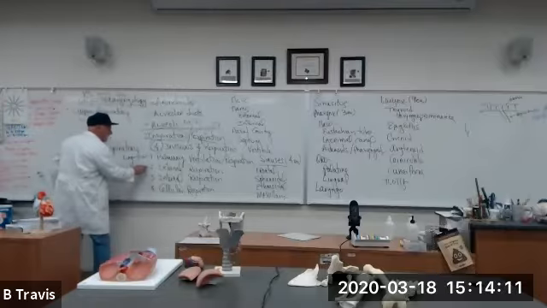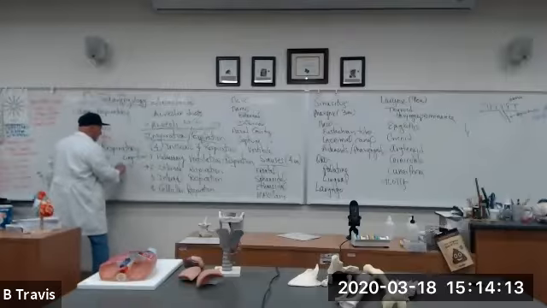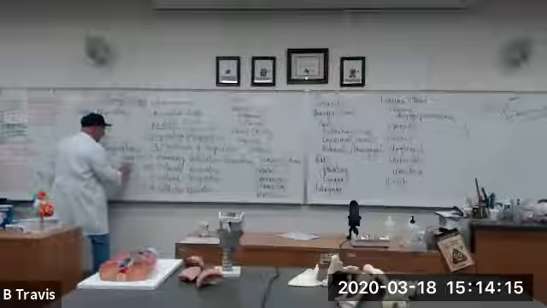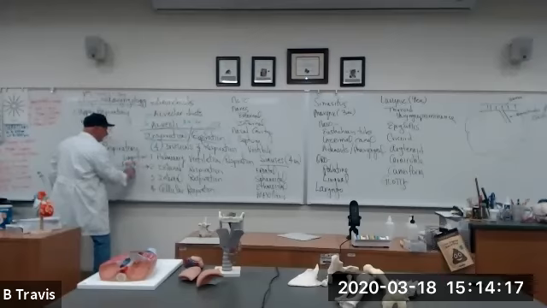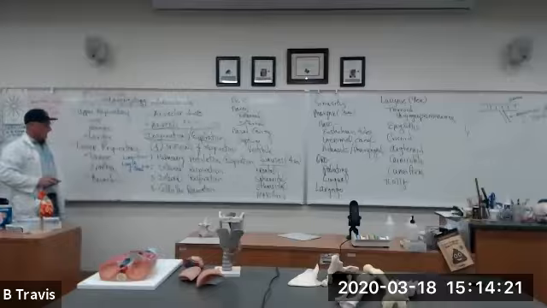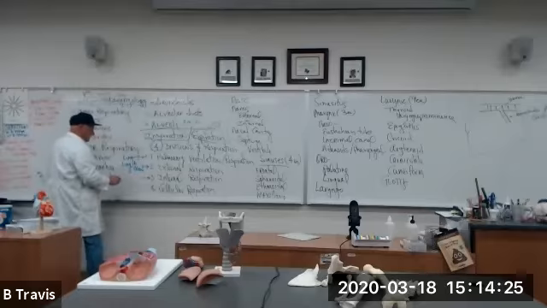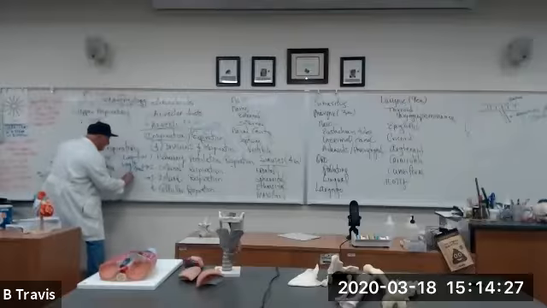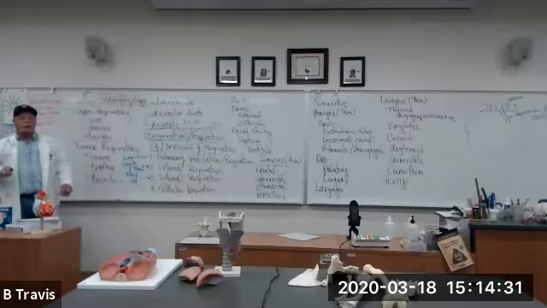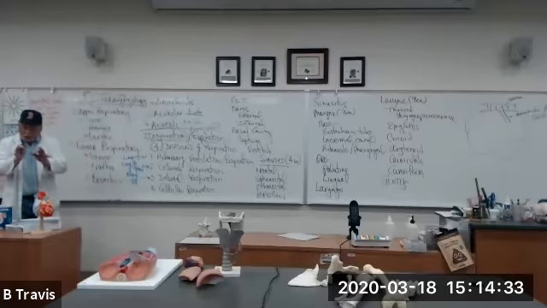Second, external respiration. This is from the lungs to blood, going into the capillaries. Third, internal respiration. That's from the blood to the cell. Now that means we're following oxygen.